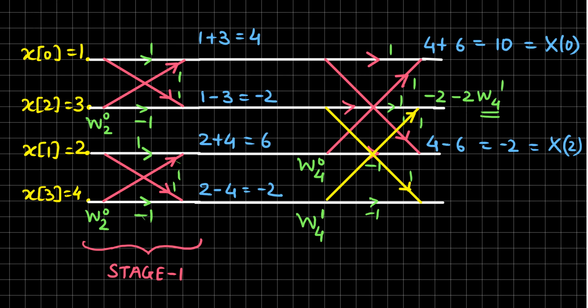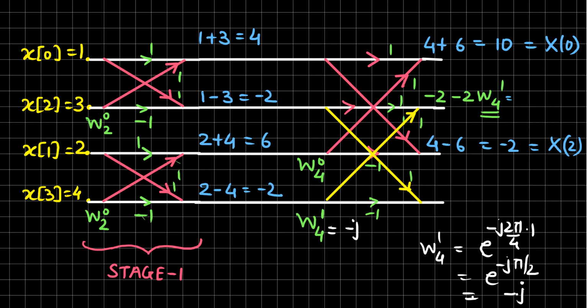W4 to the power 1 can be written as e to the power -j 2 pi by 4 into 1. So it comes out to be e to the power -j pi by 2, which is equal to -j. So W4 to the power 1 is basically equal to -j, and therefore the value that we obtain here is -2 plus j2, which is equal to x of 1.